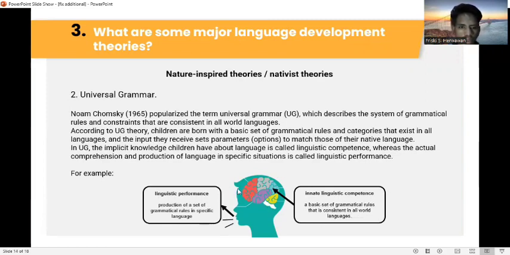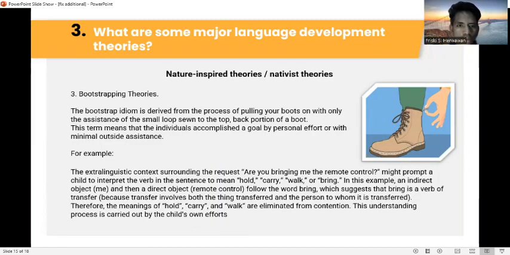And when children receive input with a specific language, such as their native language, then the children will set parameters or limit their general grammatical rules as an innate ability, and then match it with their native language. Then they will produce a set of grammatical rules in a specific language, which is their native language, and they will use it.